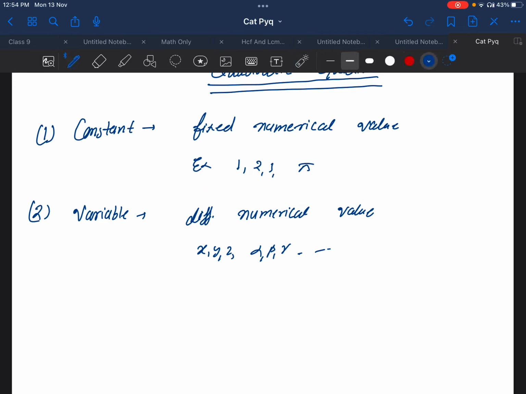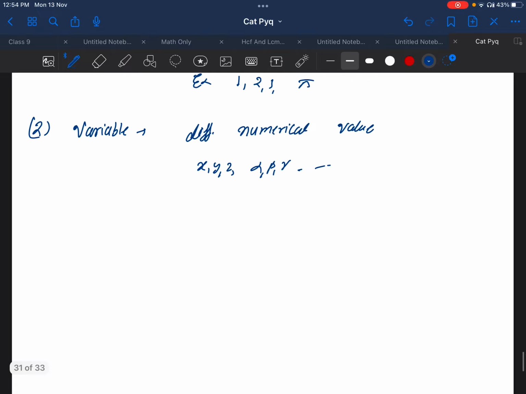Now the third definition is the algebraic expression. What is an algebraic expression?